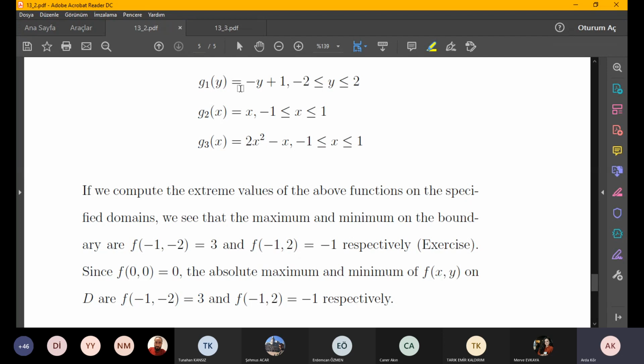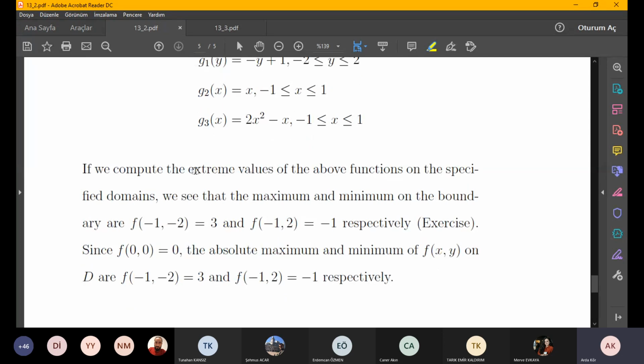we try to find those extreme values, and we can see the maximum and the minimum values on the boundary are 3 and -1 respectively. And we had another candidate of extreme value on the critical point, which is 0.